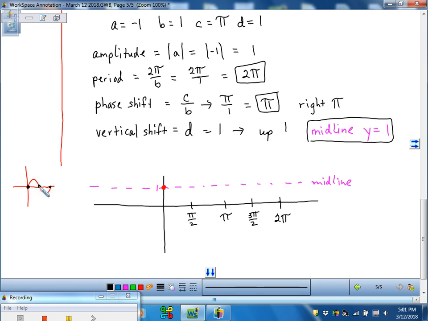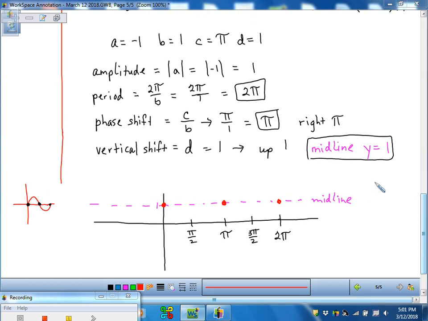You have the first point, the midpoint, and the end point. So the first point, the middle point, and the end point are all on the midline. And then your amplitude is going to be a height or a depth of 1 above or below the midline.